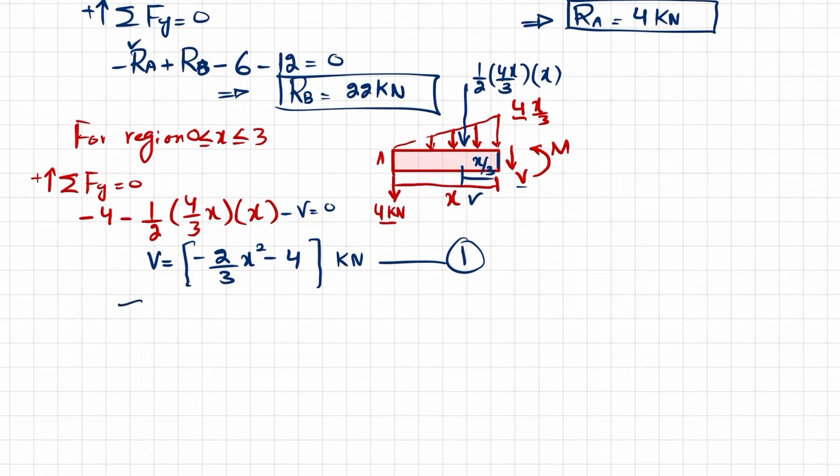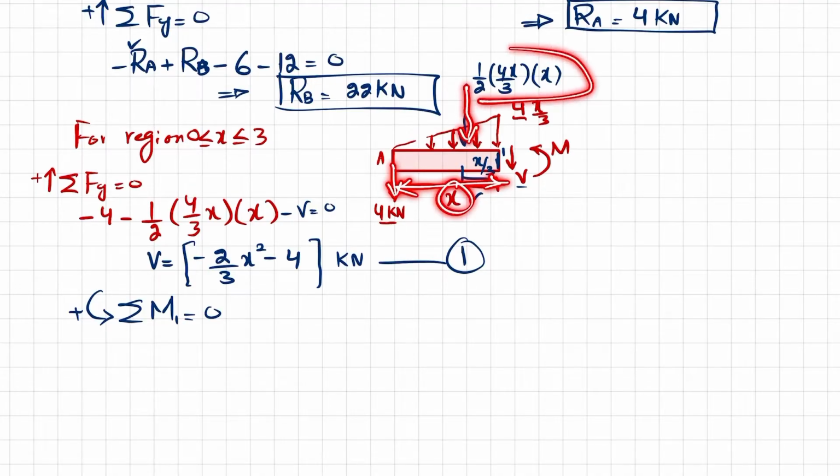Now we'll find the moment, so sum of all moment is equal to 0 about this point. Let this point be 1, so I will write 1 so that you should not get confused. Now about point 1, you have external moment M, the second moment is 4 into perpendicular distance x, and third is this load into perpendicular distance x by 3.